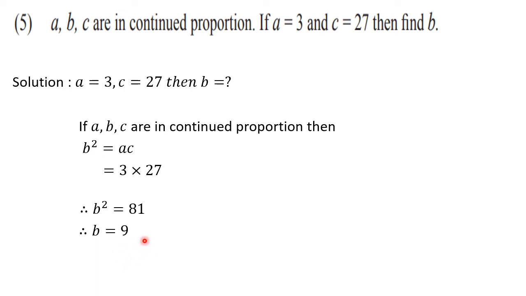I told you that we are always thinking about positive integers here. And here A and C both are positive, so B cannot be negative. So write only the positive number, and therefore the value of B is 9. In this way we can find the answer. It's very easy, but for that purpose you need to write down this equation, that is B square is equal to AC. Now let's go ahead.